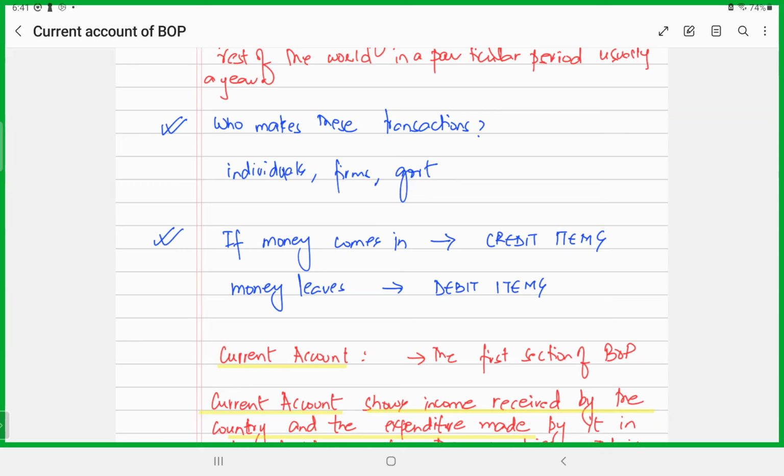Or an entire question is made of data response on BOP, and it's even a part of our section B questions.